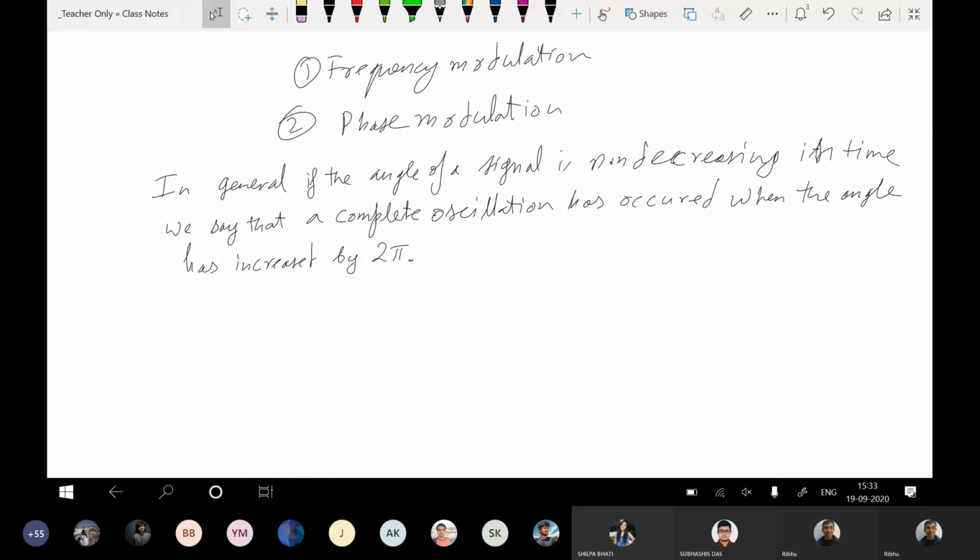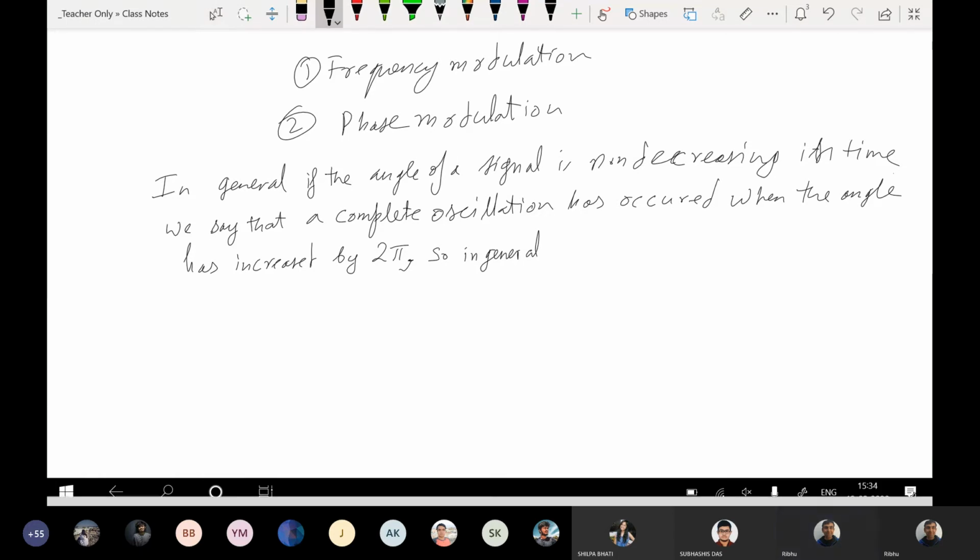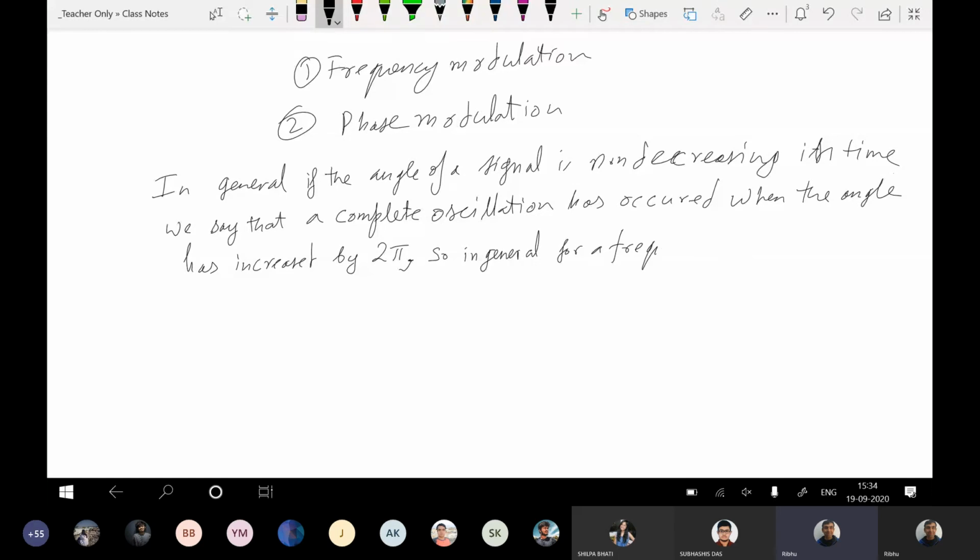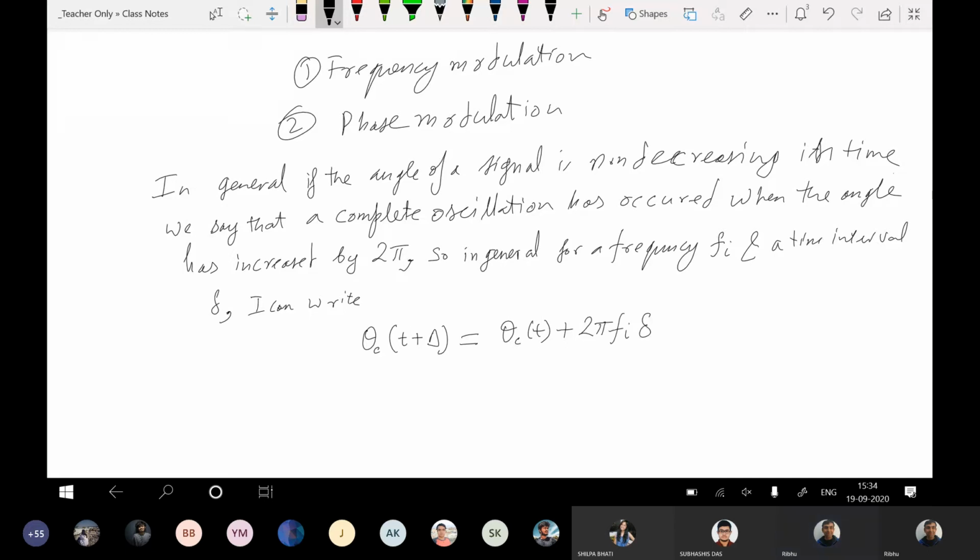So in general, for frequency f_i and a time interval delta, we can write theta_c(t plus delta) equals theta_c(t) plus 2 pi, right?